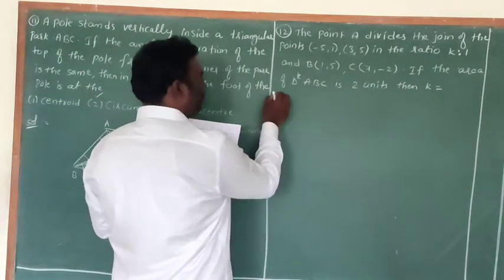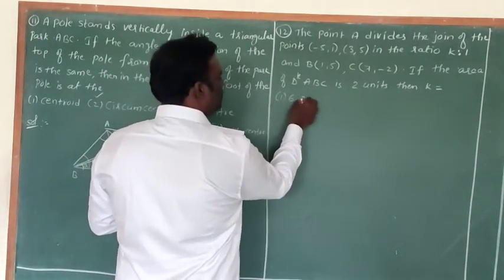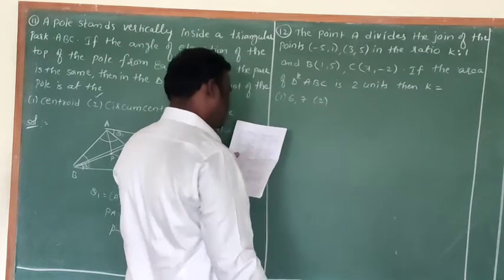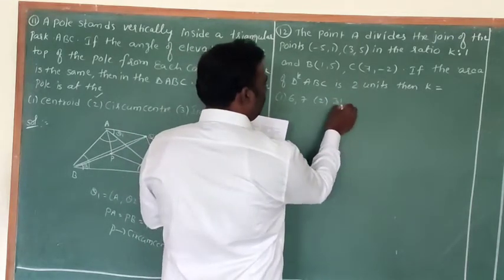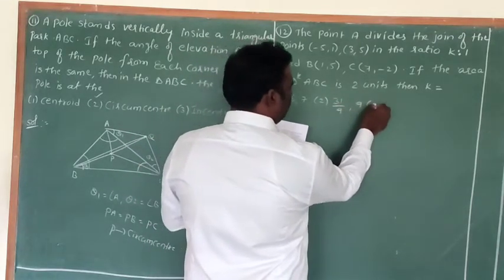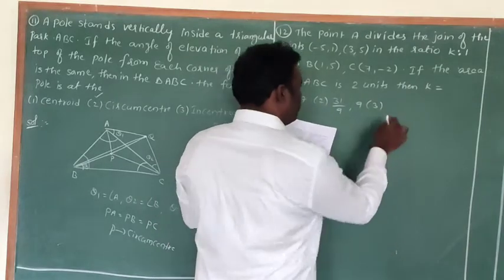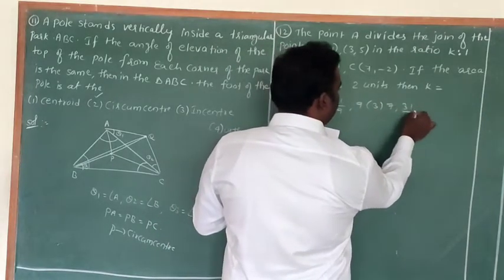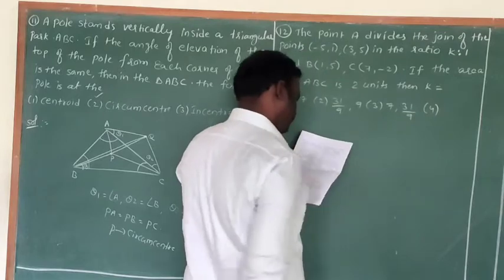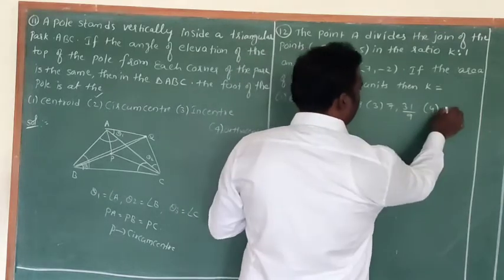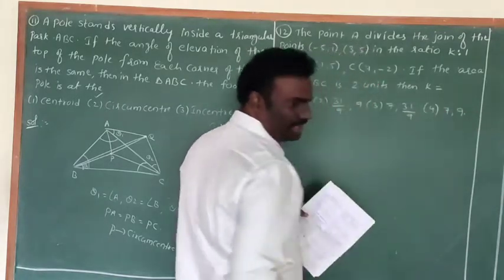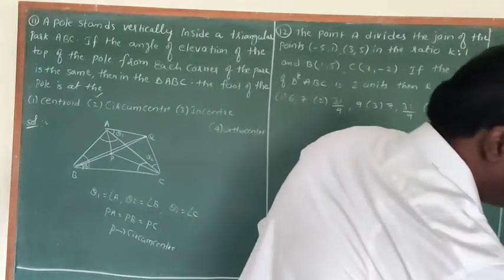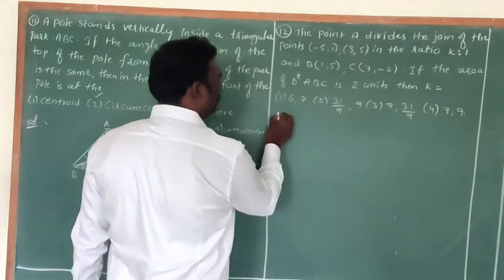Now first option 6 and 7, you will get two values, 31 by 9 and 9, 7, 31 by 9, fourth 7 and 9. Okay, listen.